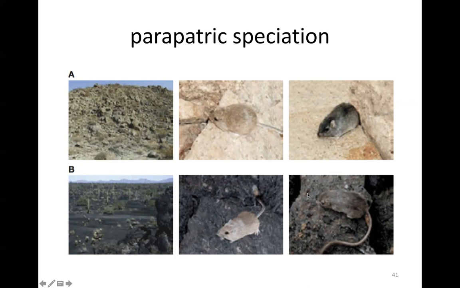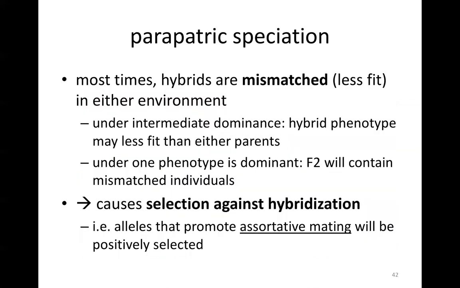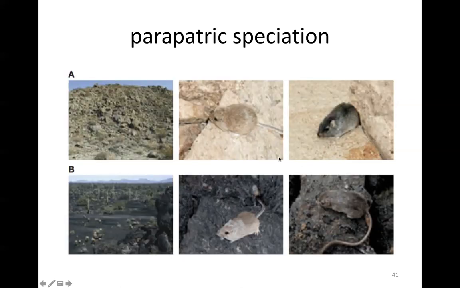So if we have such two locally adapted groups, then any mating between them can cause trouble, in that the hybrids could be, we can imagine two scenarios. The hybrids could show intermediate dominance, but then they might not be as fit as their parental groups, because being intermediate they don't do well here or here.